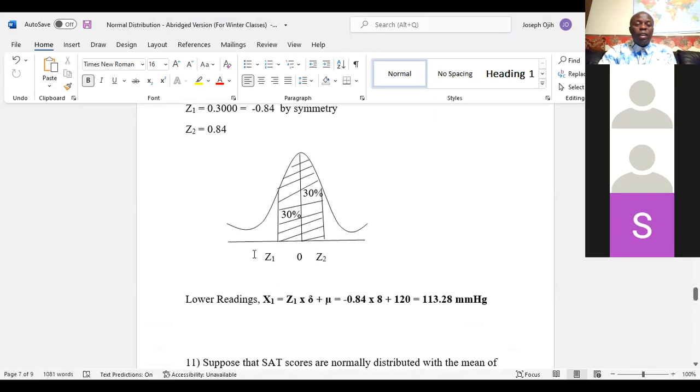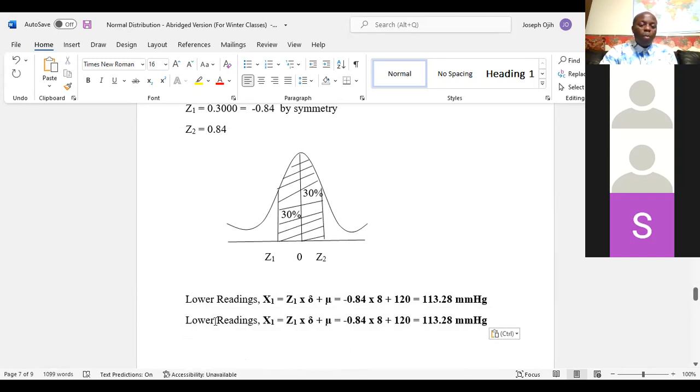Then for Z2, which is the upper reading, I can just copy this. I'll save us time and then I adjust this. So I call this one the upper reading. Then it will be positive 0.84 this time. And I'm going to remove this.